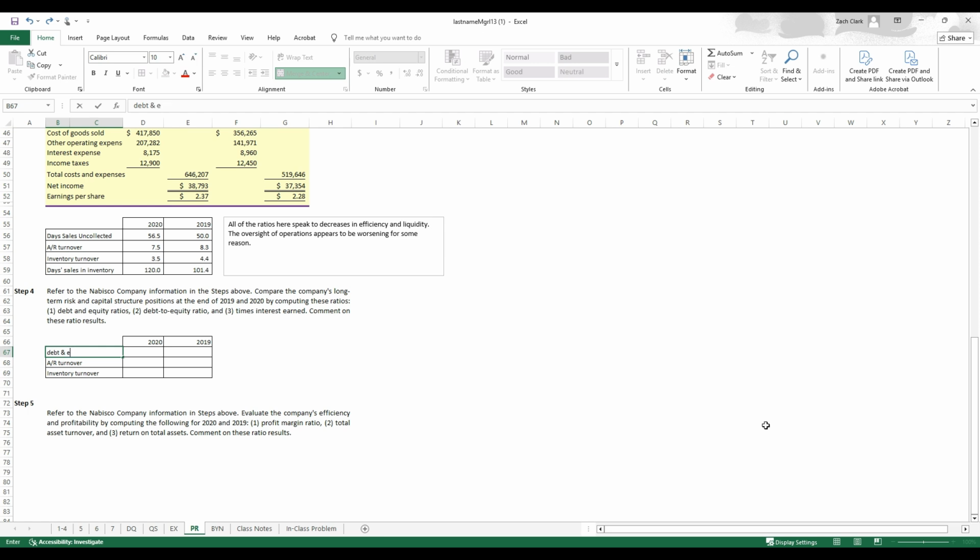Debt and equity ratio, our debt to equity ratio, and then times interest earned.